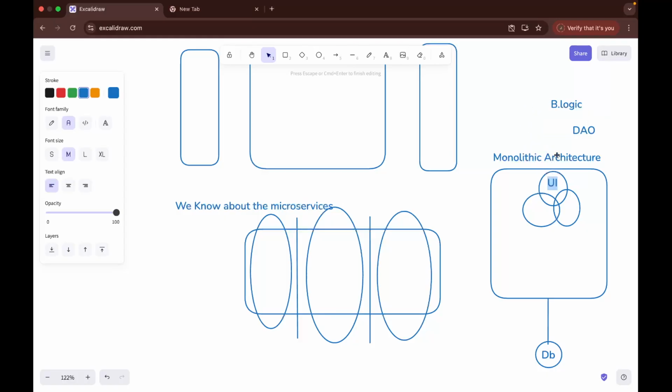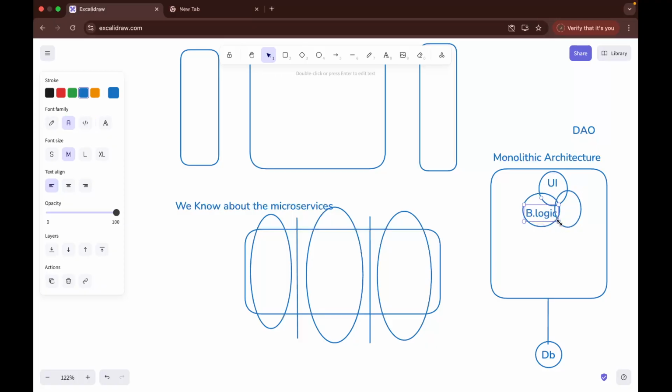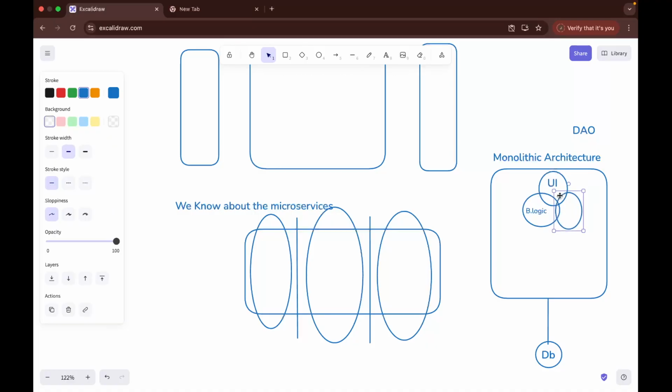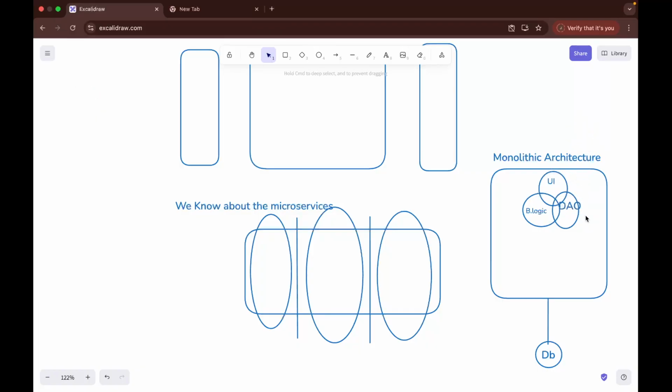In this architecture we use the UI, and also the business logic, and also work with the DAO layer.